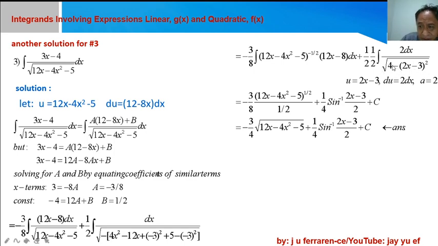A squared minus u squared, so that is the arcsine of u over a. But before that, there must be a constant, because this is your u and that's the du, that's 1/4. So we have 1/4 arcsine of 2x minus 3, the second term.